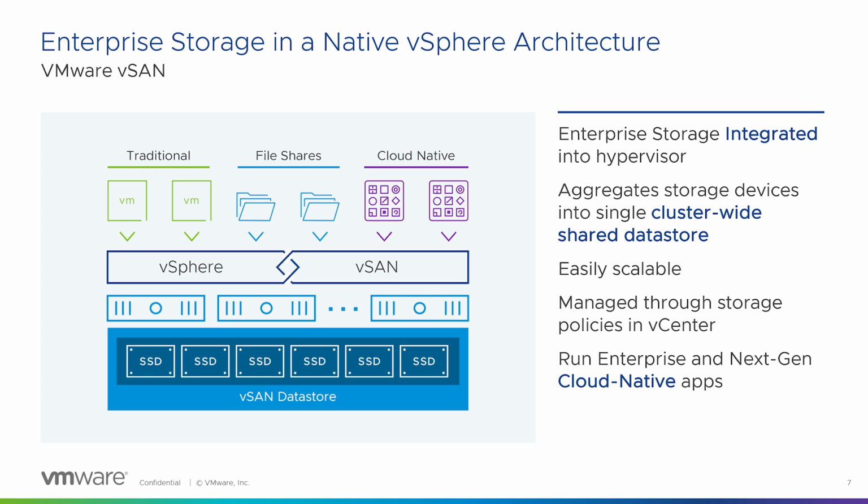So now I'm just going to do a little bit of review. Some people may already have this knowledge, but what is vSAN? vSAN is enterprise storage that was designed to be integrated with vSphere and to be the preeminent platform for powering and storing your VMs. Instead of an external SAN that is full of disks, we populate our ESXi hosts with disks, and then we aggregate that into a big pool of storage that runs at the cluster level.